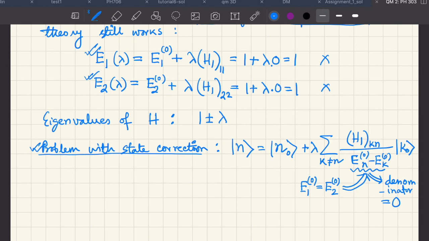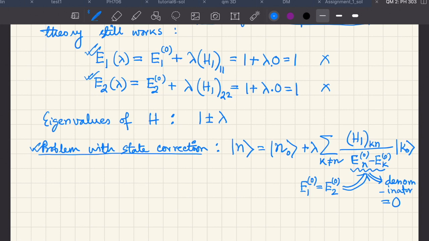So, as I just mentioned, if you actually look at the problem very carefully, and if you are trying to figure out where the problem lies, then you will actually see that the problem lies in the eigenvectors.